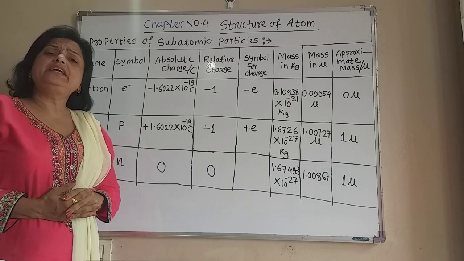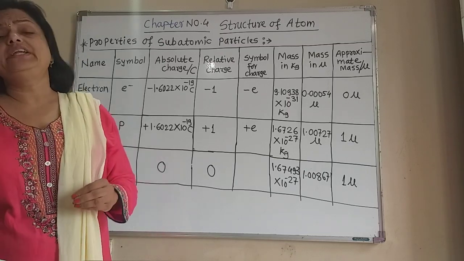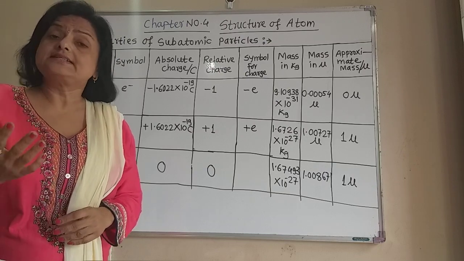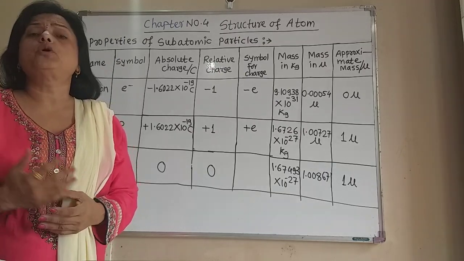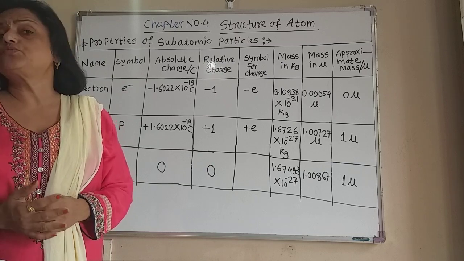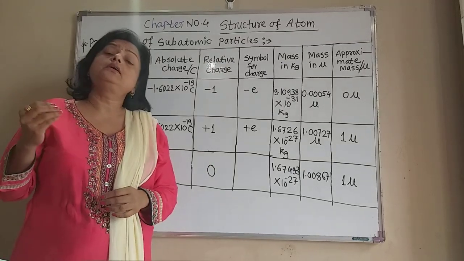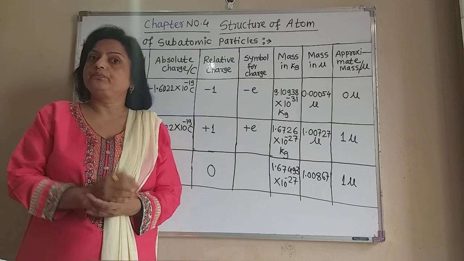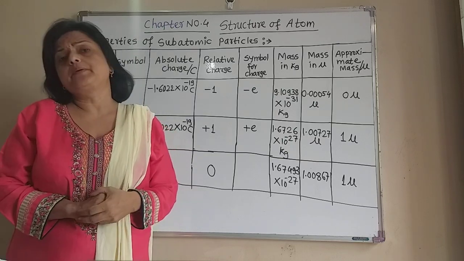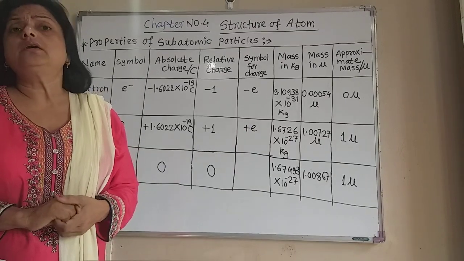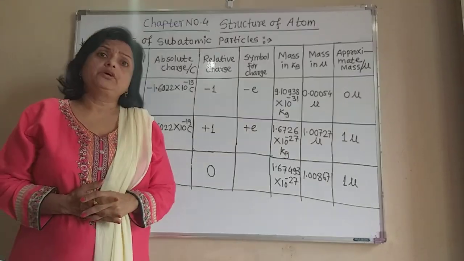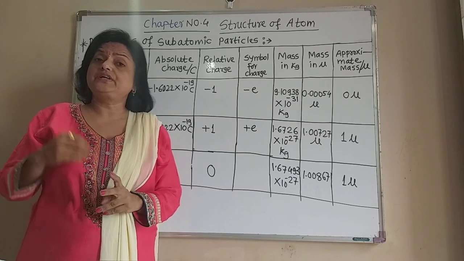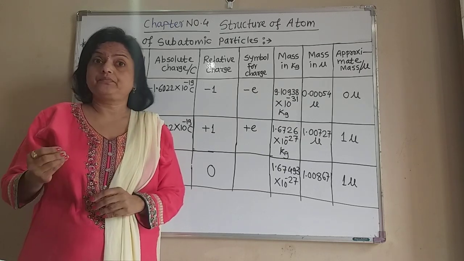You know that atoms are very small particles of matter, that is, the elements, and the weight of the atom is also very small. It is measured in the unified unit U, also called the atomic mass unit, and in kilogram the weight of the atom is nearly equal to 10 raised to minus 24 kilogram.